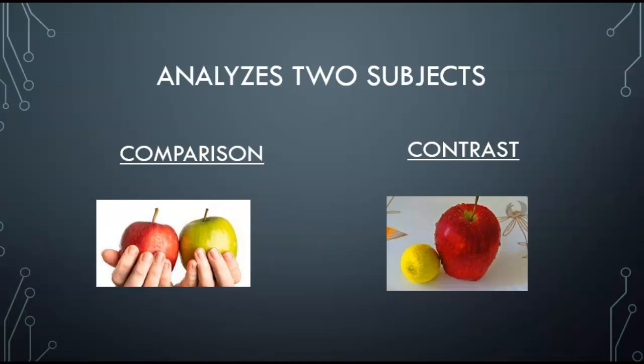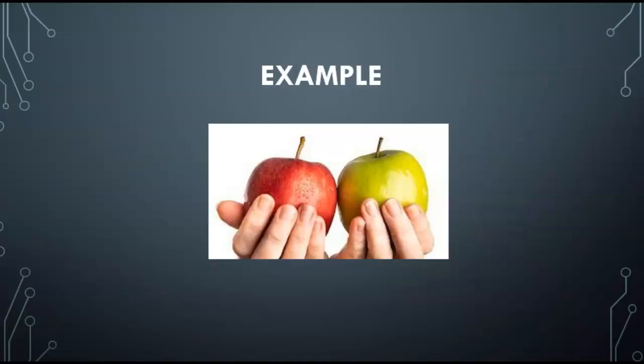For example, if you wanted to focus on contrasting two subjects, you would not pick apples and oranges. Rather, you might choose to compare and contrast two types of oranges or two types of apples to highlight subtle differences.